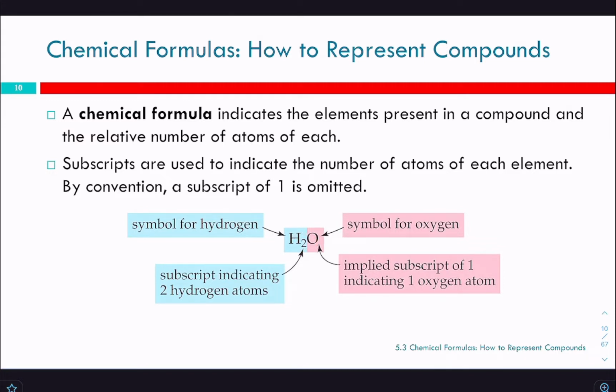So for water, we have hydrogen and oxygen, and we know that we have 2 hydrogens because it has a 2 subscript to the bottom right. And if there's a 1, we'd leave it off. It's implied. We wouldn't write oxygen if there weren't any oxygens. And if there were more than 1 oxygen, we'd write that down with the appropriate number.